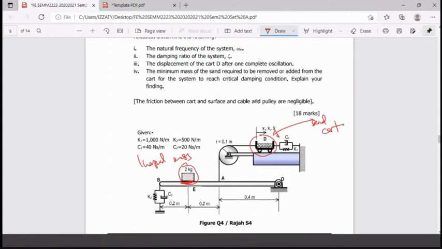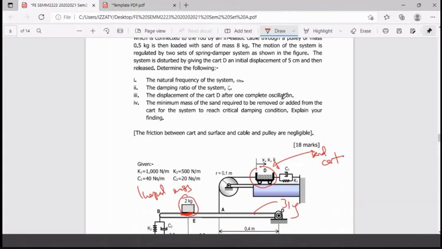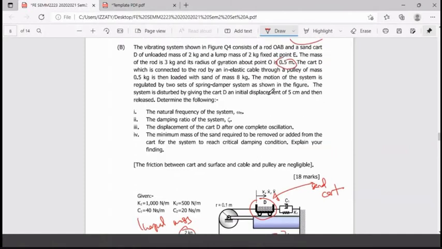The rod is inelastic, of course, and the radius of gyration is 0.5. So the radius of gyration of the rod is provided, and you don't have to use the equation coming from the TPS. What is TPS? It is the theorem of parallel axis, isn't it?